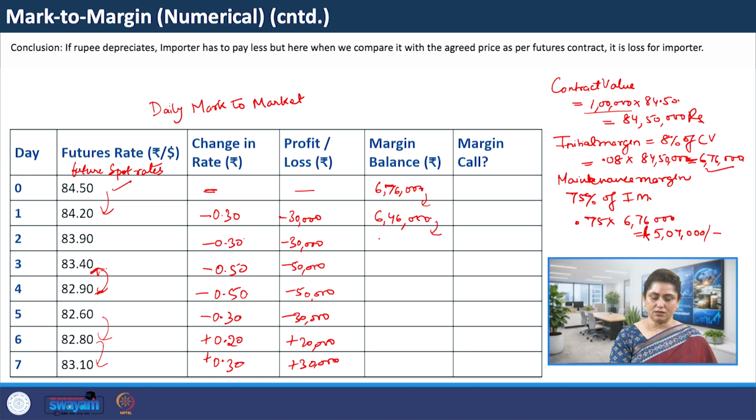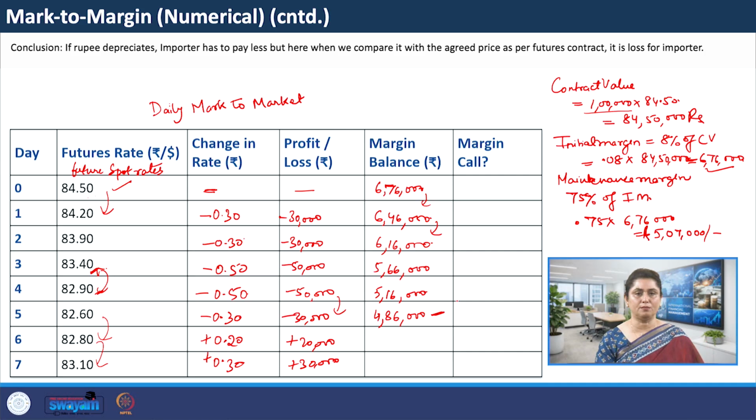Again there is a loss, the new figure is going to be 6,16,000. There is a further loss of 50,000, which gives us 5,56,000. Then a loss of again 50,000, which is 5,16,000. Then again a loss of 30,000, which gives us 4,86,000. Now this is the amount remaining in the margin money.